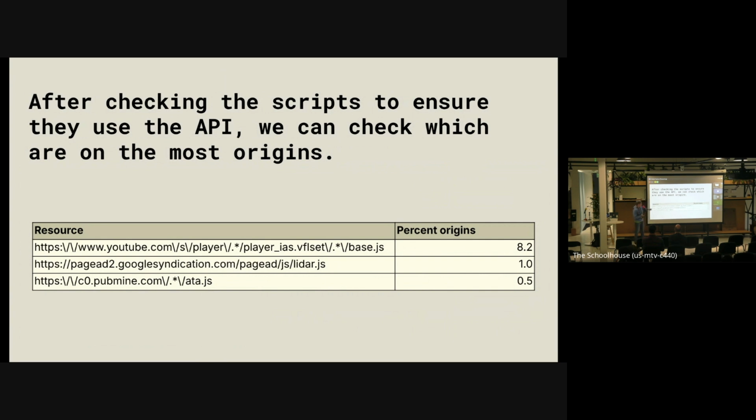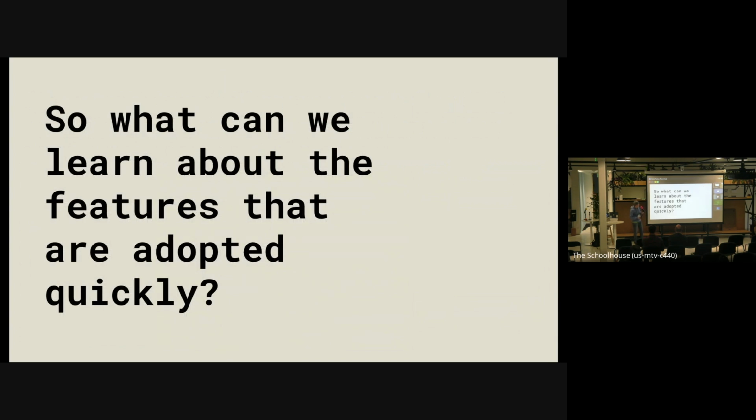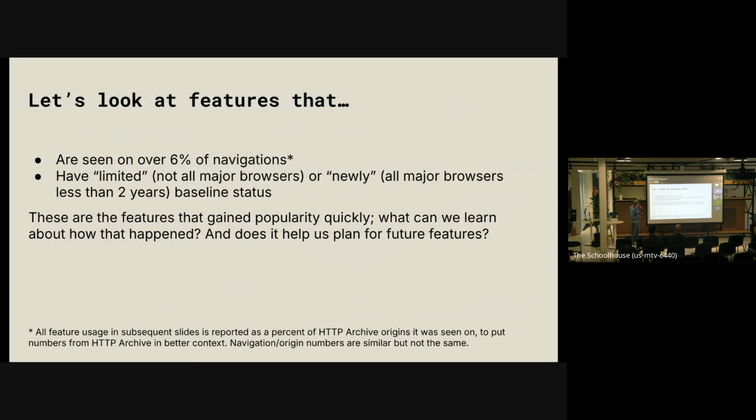And then we saw some smaller usages. We can use a similar approach for CSS. The parsed CSS table actually has the AST. It doesn't have any white space, so you can just run a regular expression on it. It's pretty awesome.